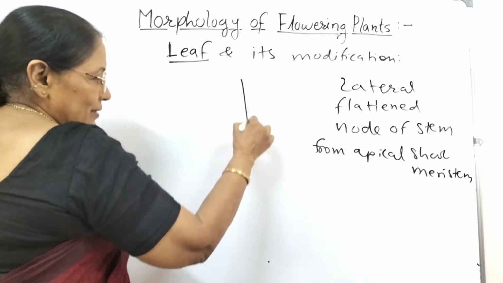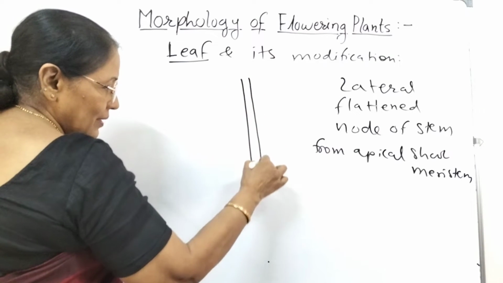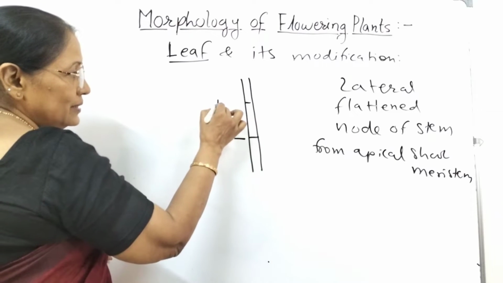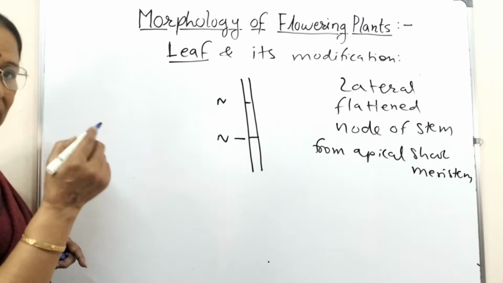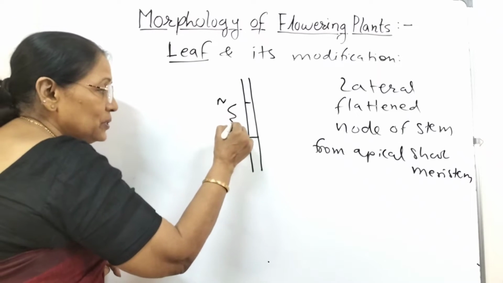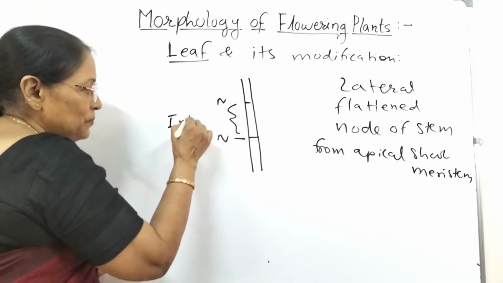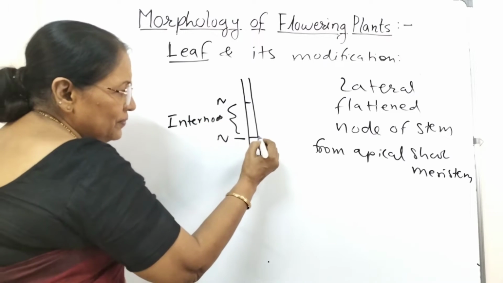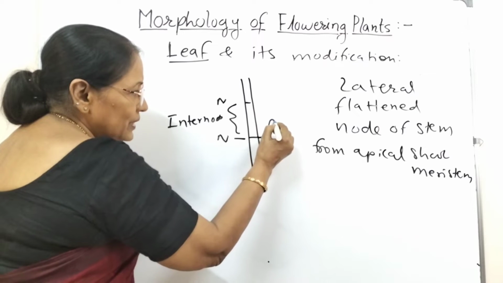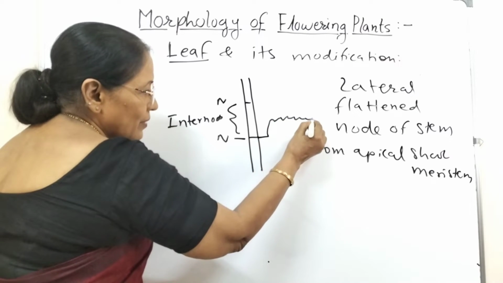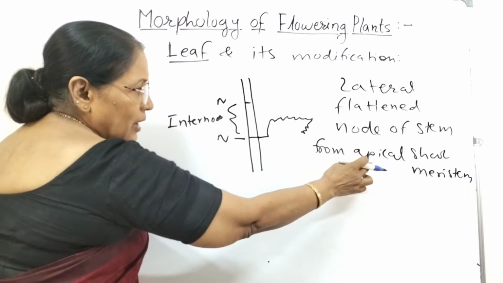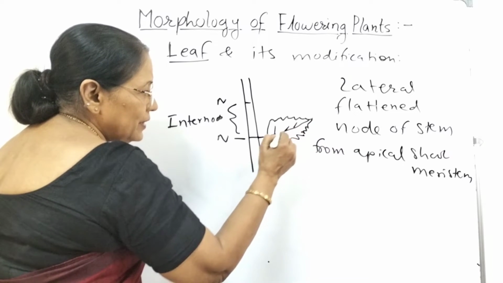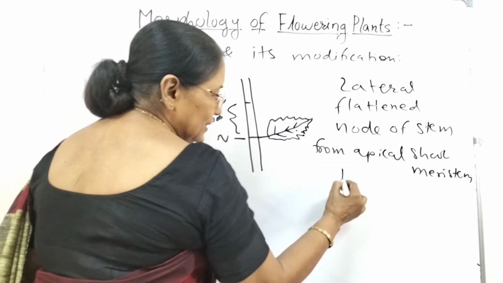Like this is the stem. Now it is having these nodes. This is a node, this is another node. And what is the part in between the nodes called? It is the internode. So this leaf develops from the apical shoot meristem and it develops in acropetal succession.